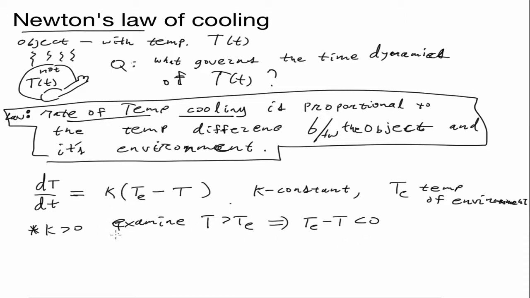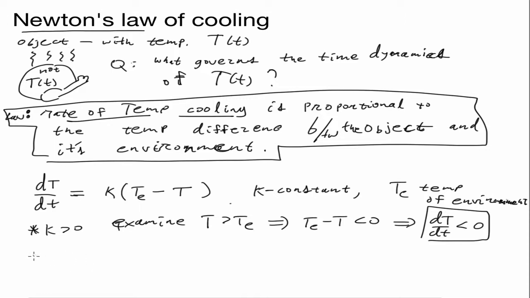And if K is positive, then of course that means dT/dt is going to be also negative, which is what we expect from reality. We want a hot object to cool to its environment. So we need this constant to be positive, and we need to be TE minus T there. Okay, so that squares with what we expect in reality.